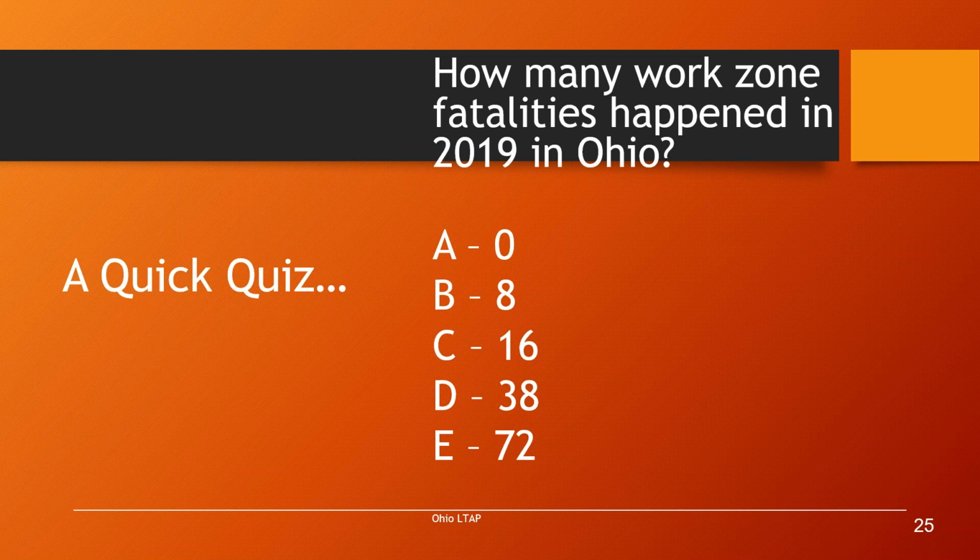And it's usually right around that mix every year, give or take. But it's always a lot more motorists. So, can we think of some reasons why? See if you can give me some reasons why you think there's always significantly more motorists than workers being killed.